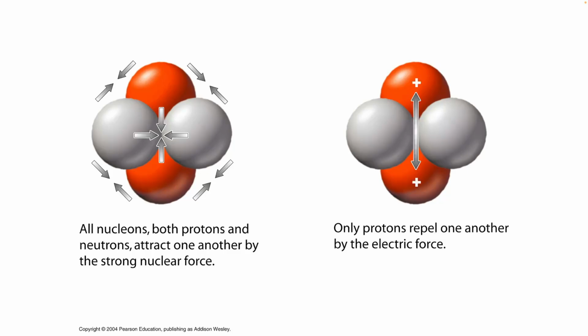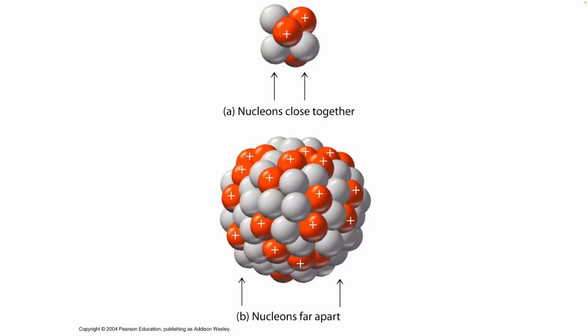So if you get a nucleus that's too big, there is the possibility that a proton on one side of this nucleus and a proton on the other side of this nucleus will feel the electromagnetic repulsion because that has infinite range, but it might be far enough away that the strong force can't hold those two protons together.